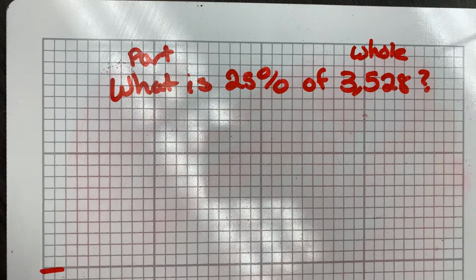Now, these types of problems where we're finding the percent of a number, we see them often when we're doing discounts. When you go to a store and you see that something's on sale, that means they took a percent of that original amount, found that chunk of money that represents that percent, and took it off, hence why it was a discount. You also see percent of a number when you're paying a markup.